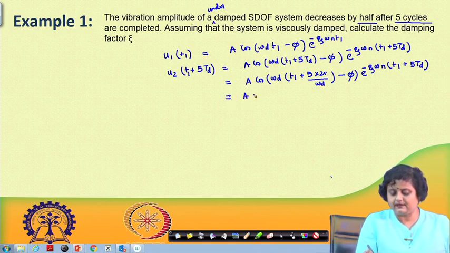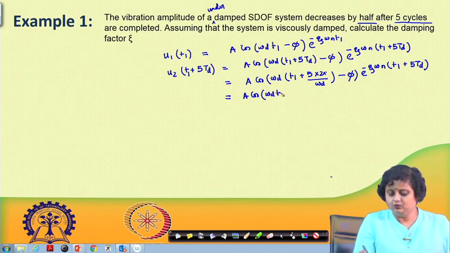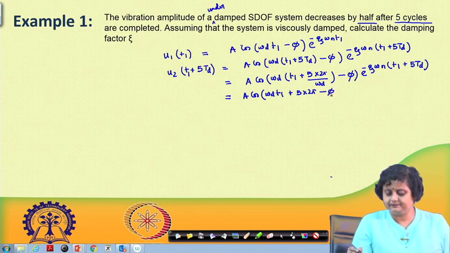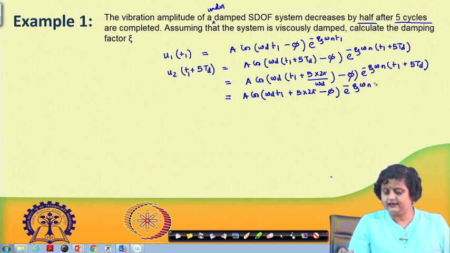So, I will have A cos(omega d t1 plus 5 into 2 pi minus phi) into e to the power minus zeta omega n (t1 plus 5 Td).